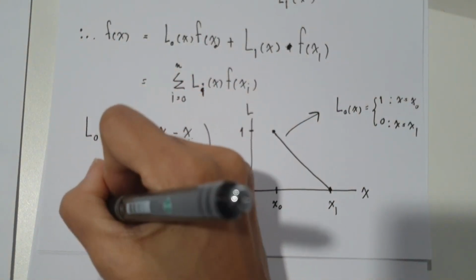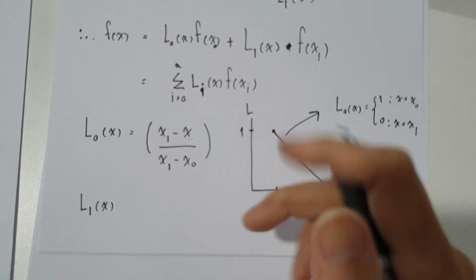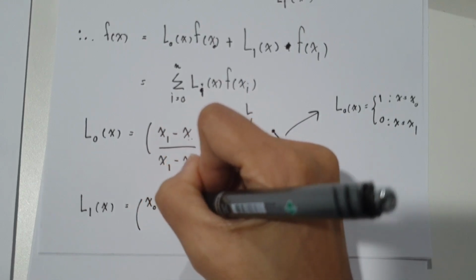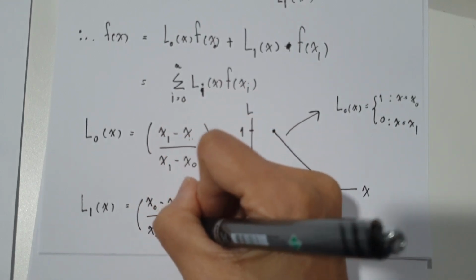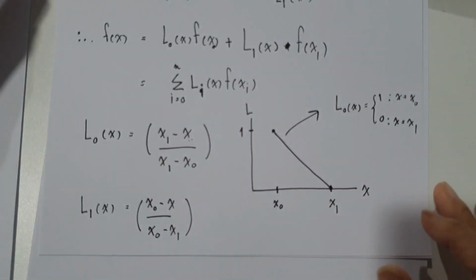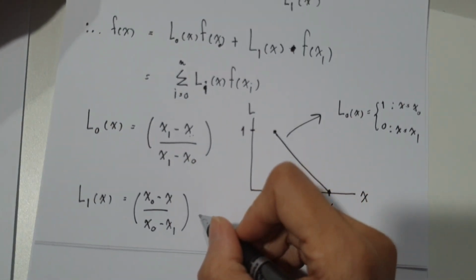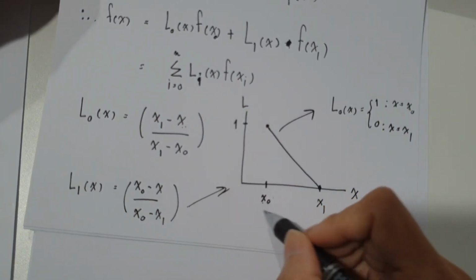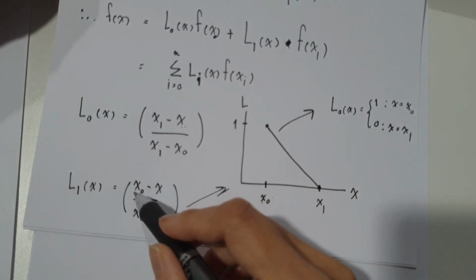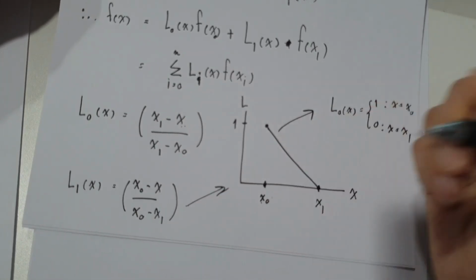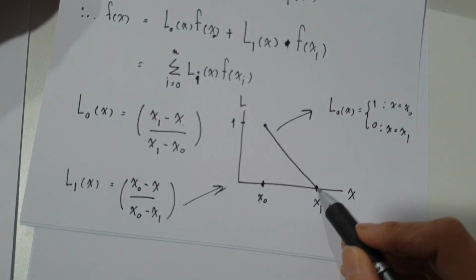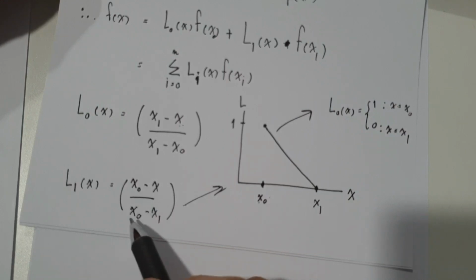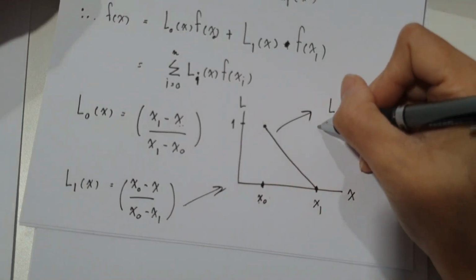And L1(x) is represented by (x0 minus x) over (x0 minus x1). If you plot this function on this graph, at x equal to x0, x0 minus x0, you will get 0. And if x equal to x1, you get (x0 minus x1) divided by (x0 minus x1), you get 1.